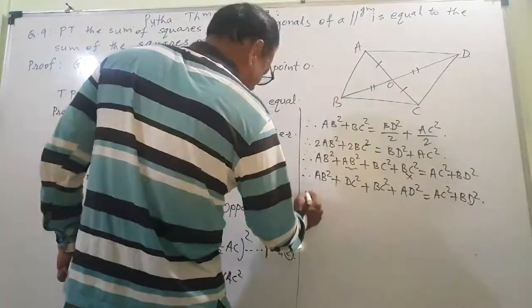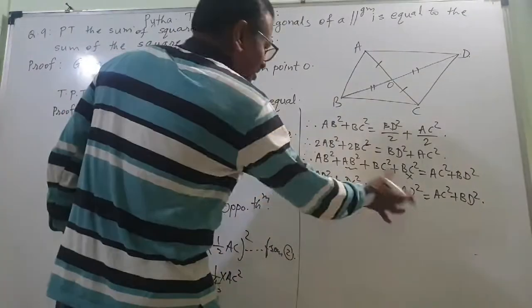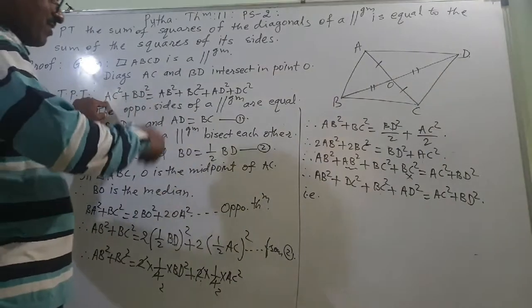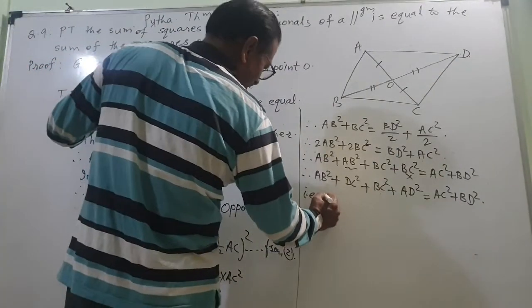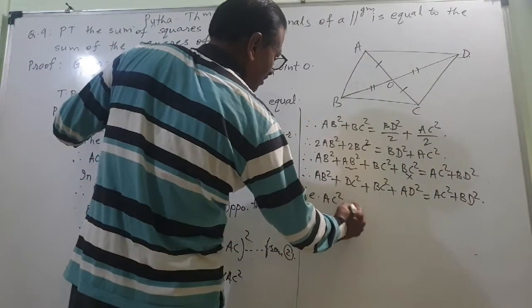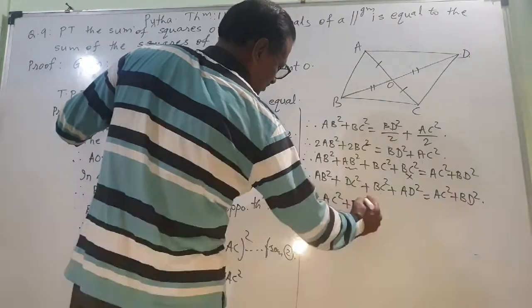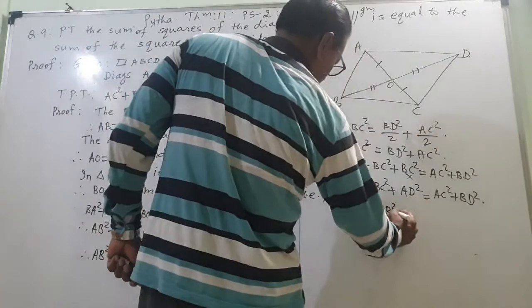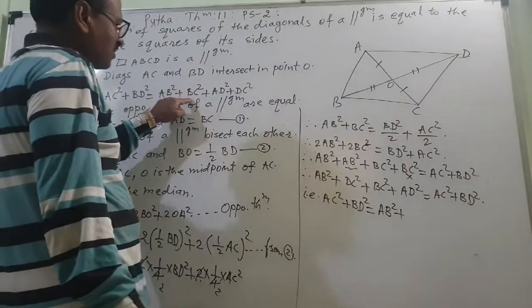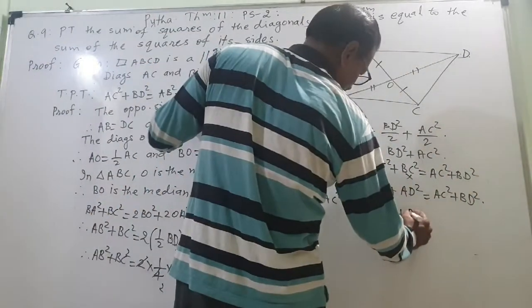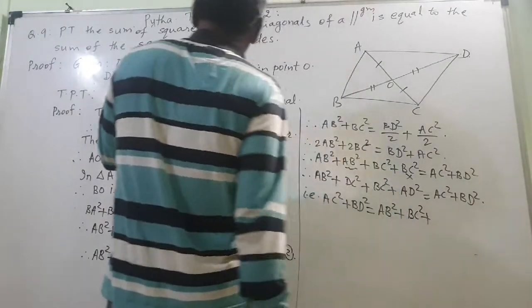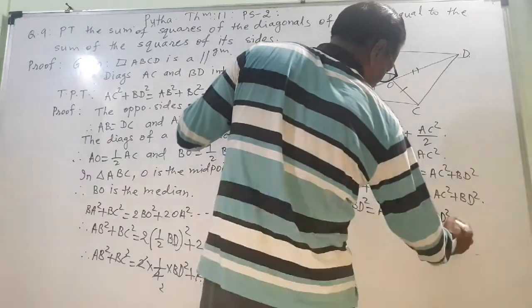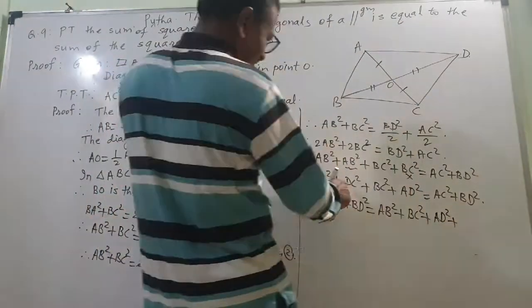Now I will change this to this side because in the proof I have written something in that sequence. That is AC square plus BD square is equal to AB square plus, after AB I have written BC, I will write BC square, plus after that I have written AD, so I will write AD square and plus DC square.